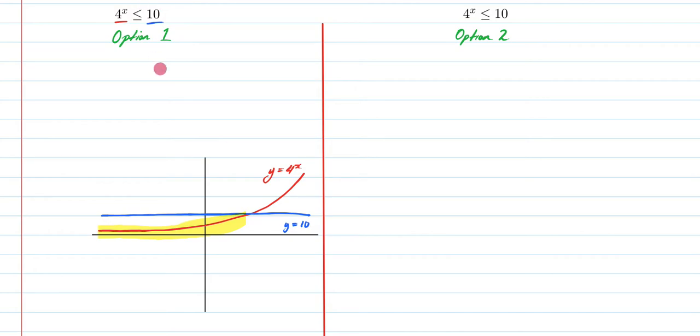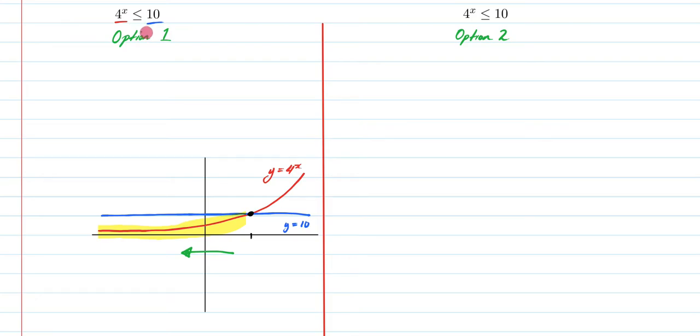So to answer this, through my first method, if I can find the intersection spot, I can simply say everywhere to the left of that intersection spot is going to make this statement true. So when my x value is to the left of this spot, it's going to be a true statement.